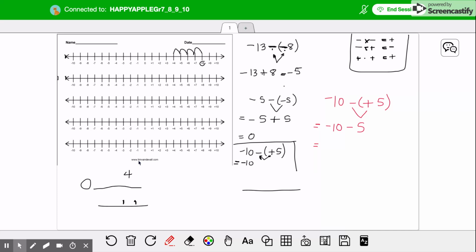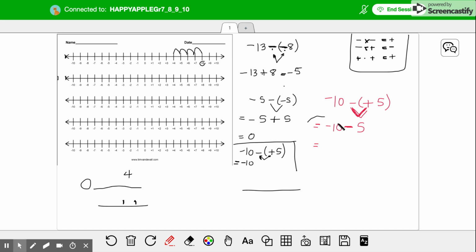So go down to -10 in your head on the number line. Wait. Slow down. Okay, hold on. I'm confused by this part. You know why we got negative times a positive, right? So that's the minus.